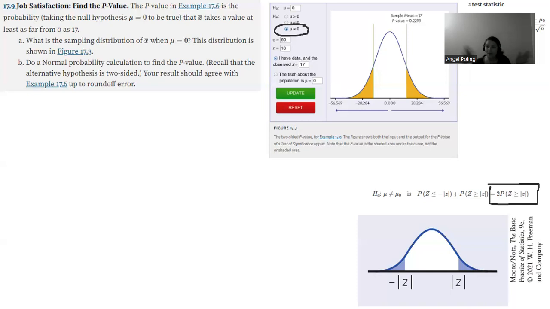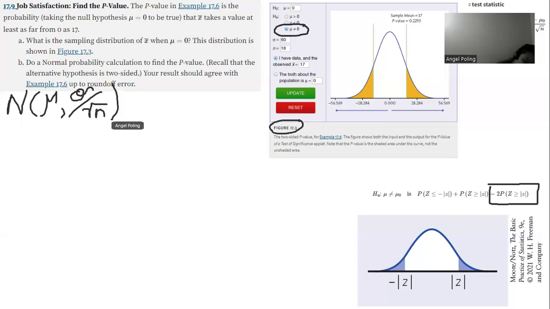So at least as far away from the mean as 17. What's the sampling distribution of x bar when mu equals 0? The distribution is shown in figure 17.3. So we do have a normal distribution with mean mu and standard deviation sigma over root n.